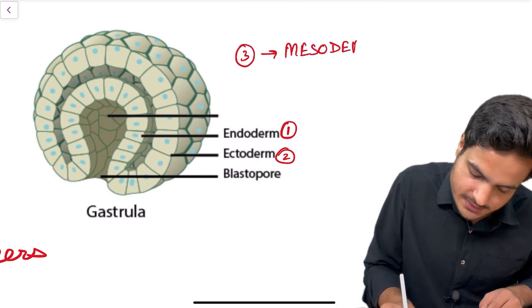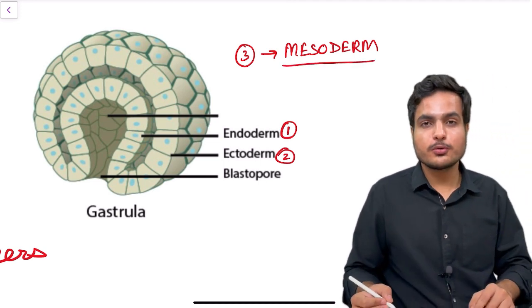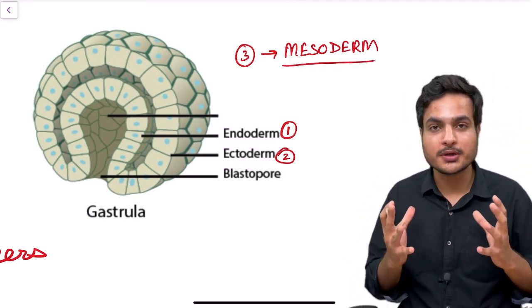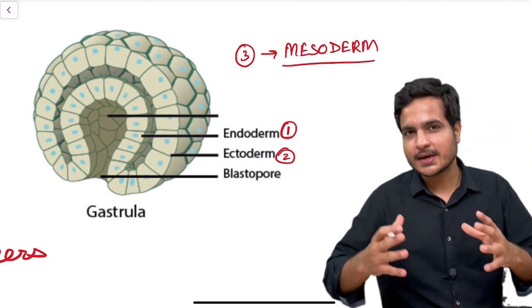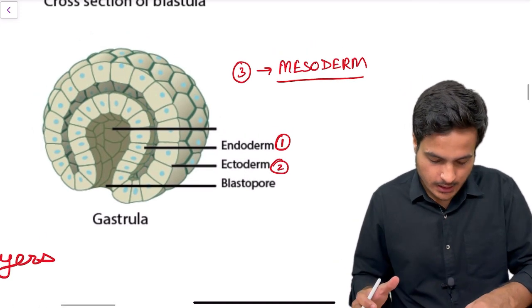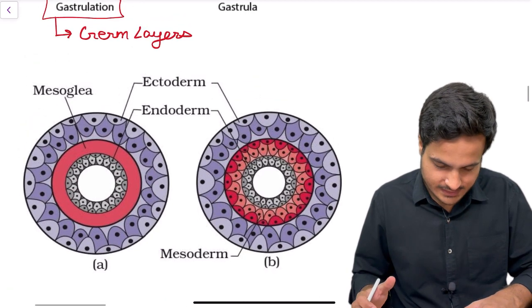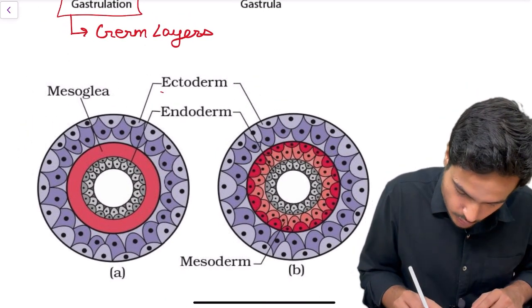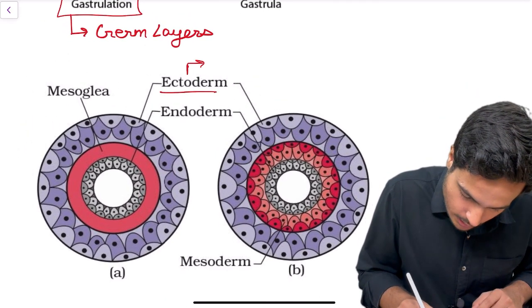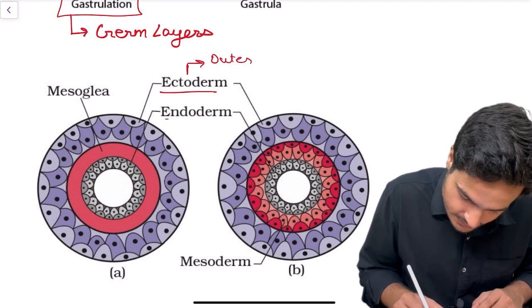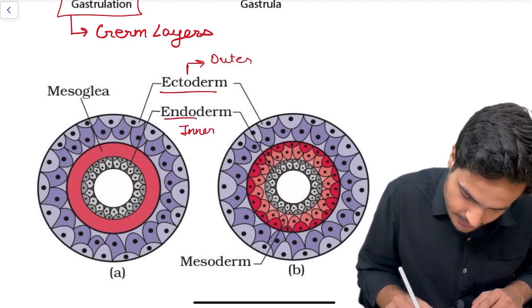Now why is this important? This is important for you to understand so that you can come to the real meaning of diploblastic and triploblastic organisms. Now if we see this diagram which is mentioned in NCERT, we can see these layers: ecto means outer, endo means inner, derm means layer.